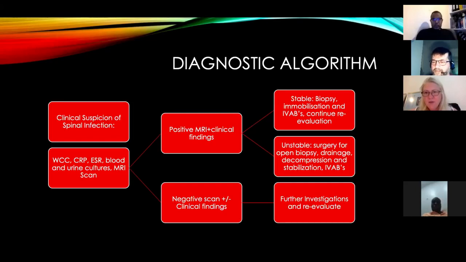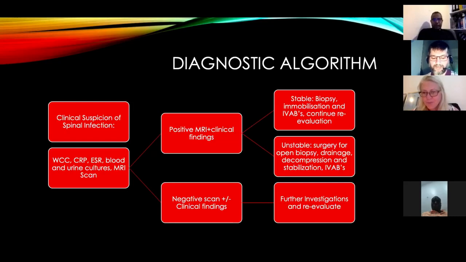If it's stable, then we can go to a biopsy, immobilization, intravenous antibiotics, and continually reevaluate. If it's unstable, either the patient unstable or the spine alignment unstable, then we may need to go to surgery for an open biopsy, drainage, plus or minus decompression, and usually at least some form of stabilization at the initial surgery.